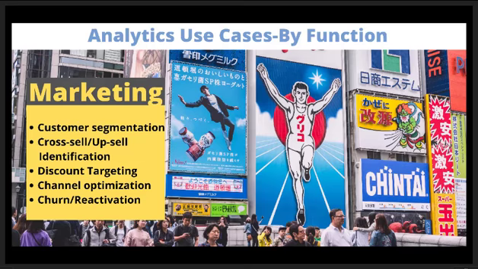The next one is cross-sell. Cross-selling is selling another product to your existing customer. So cross-sell is selling a new product to an existing customer who is using other products. Analytics is deployed to identify those customers who are likely to respond to your campaign.